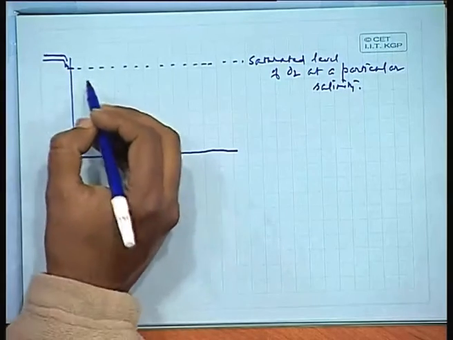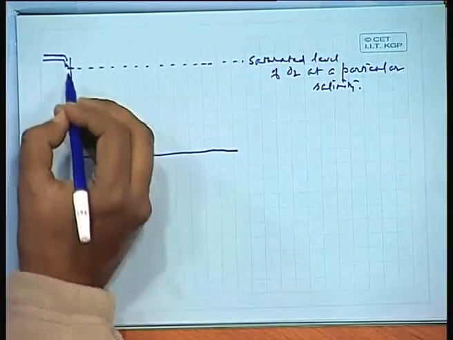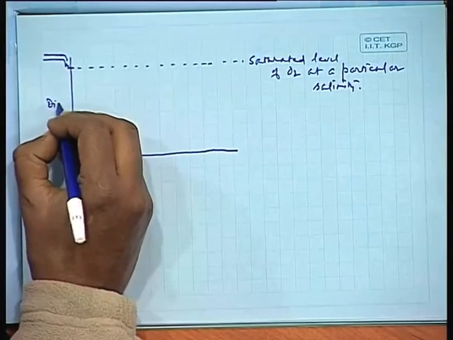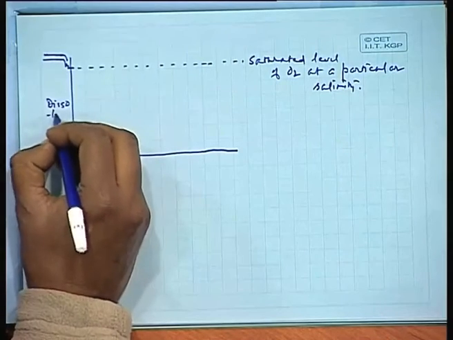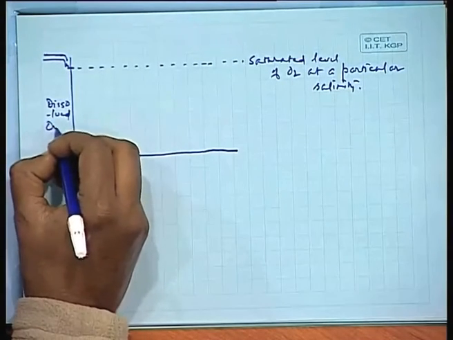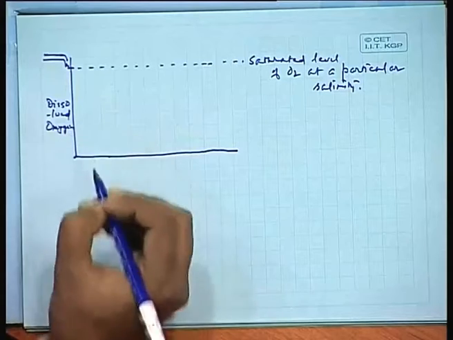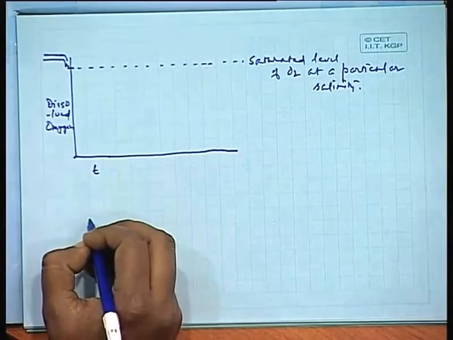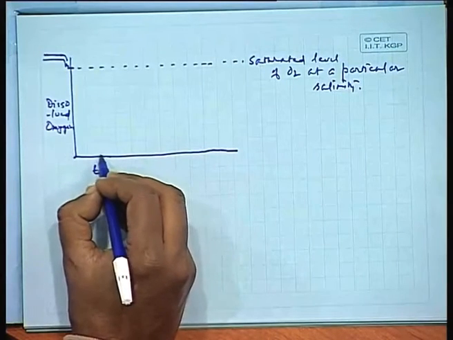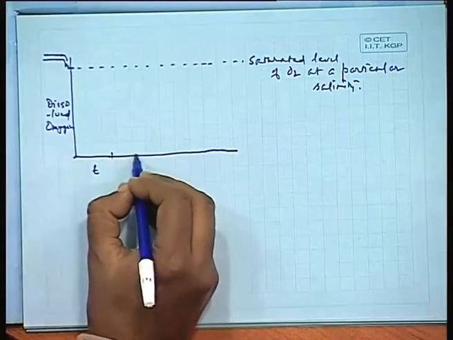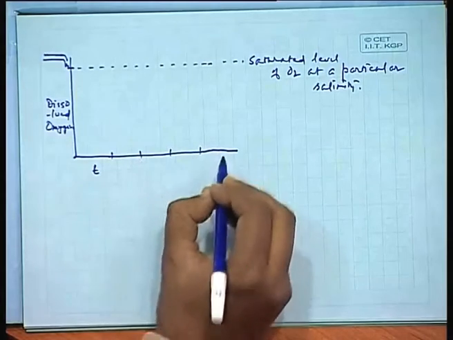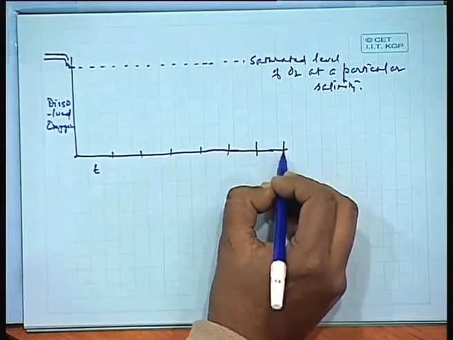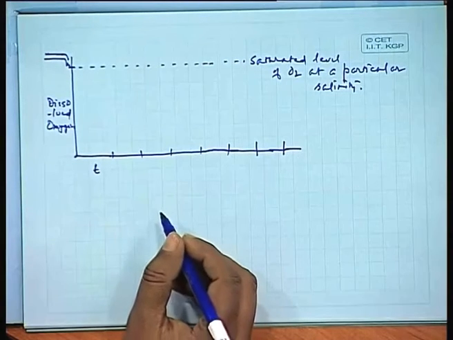What would happen to this saturated level of oxygen, the dissolved oxygen, if we see it over time in days: 1 day, 2 days, 3 days, 4 days, 5 days, 6, 7, it can carry on.